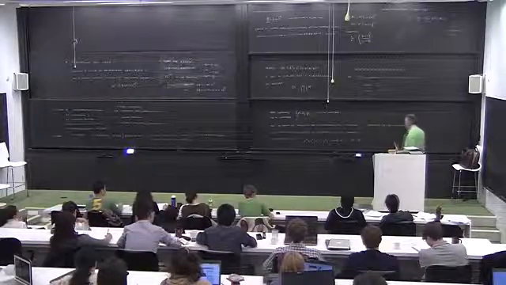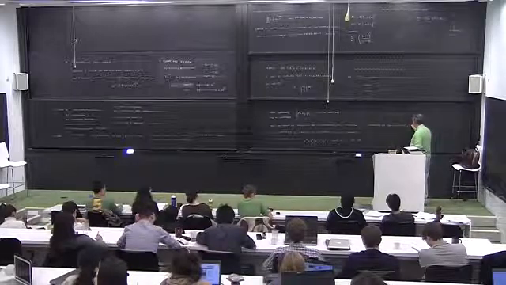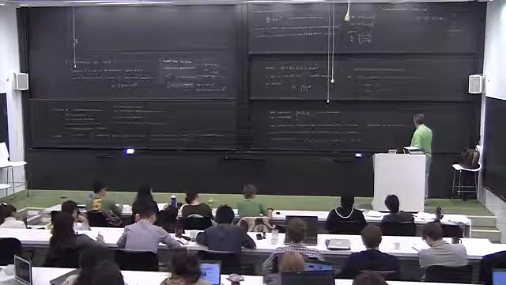So p could be anything less than or equal to 4. Could be 4, 3, 2, 1.